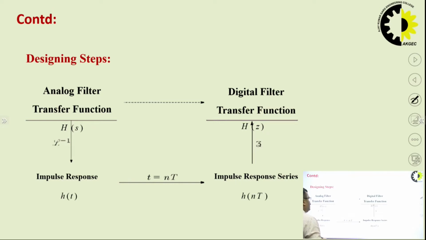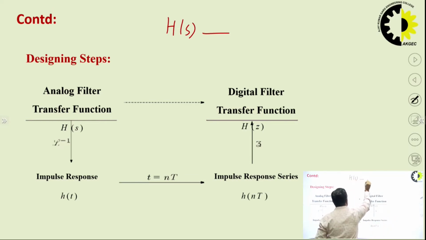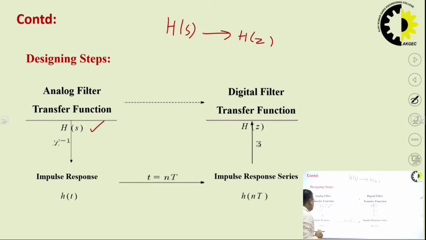Now, these are the designing steps. How you convert your H of S into H of Z using the impulse invariant method, that I will tell you. So, at first H of S is given to you. H of S is the analog filter transfer function.